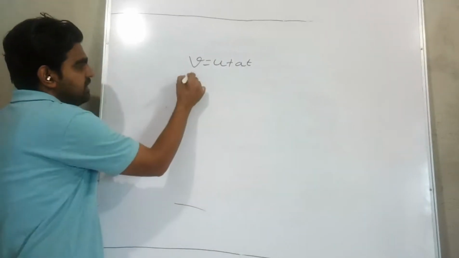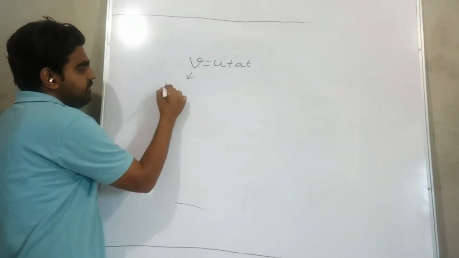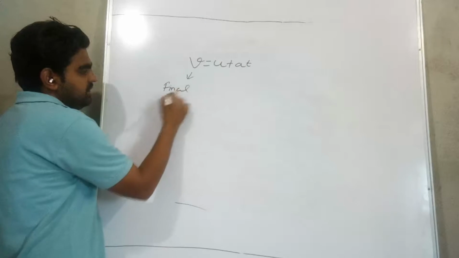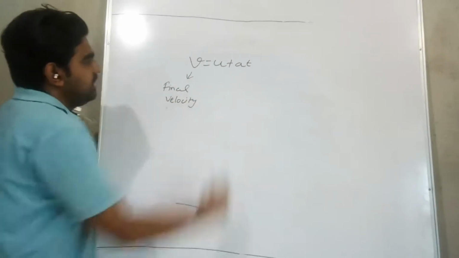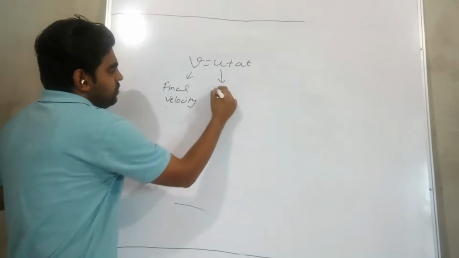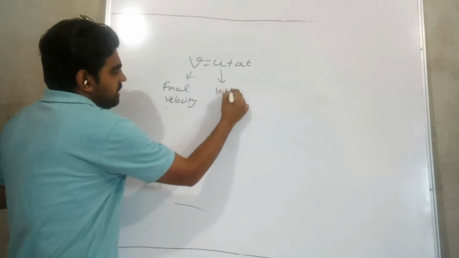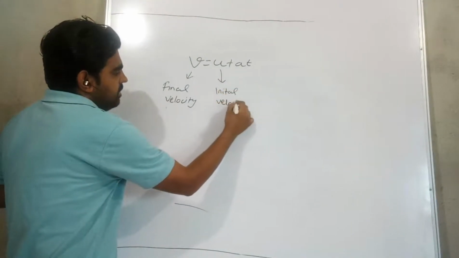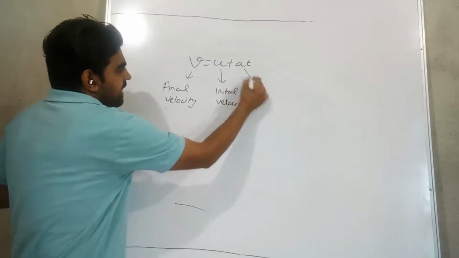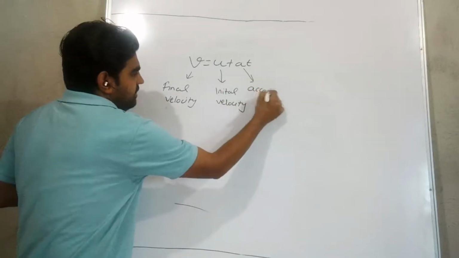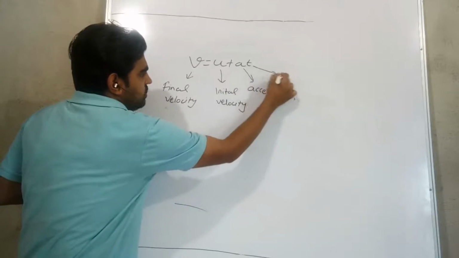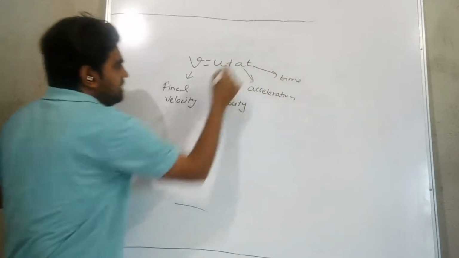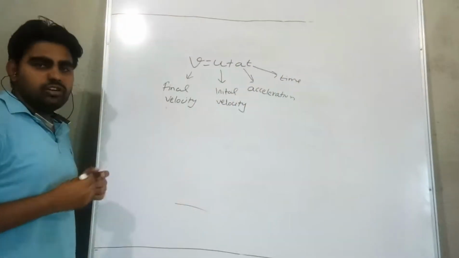Here v equals final velocity, u equals initial velocity, a equals acceleration, and t equals time taken. This is known as the first equation of motion.